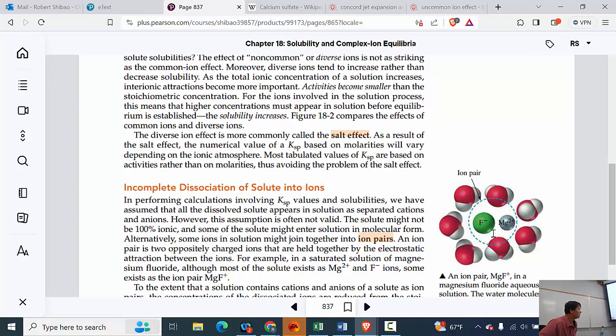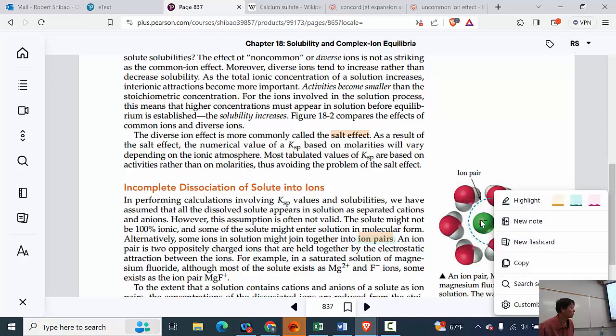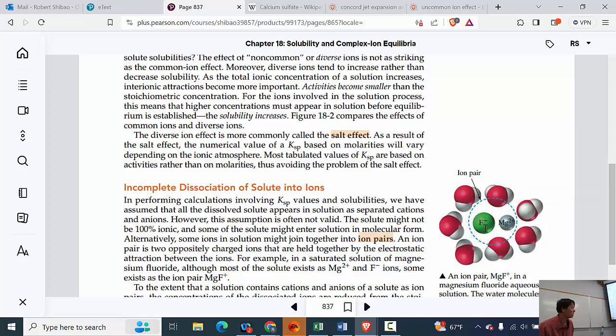Okay, this is different though. This is an ion pair. This is the reason why HF is a weak acid. The weak acid HF is because of ion pairing. Fluoride's very small in charge. Oxide has a bigger charge, but oxide's not stable in water. So there's incomplete dissociation. What we form is not like magnesium fluoride solid.